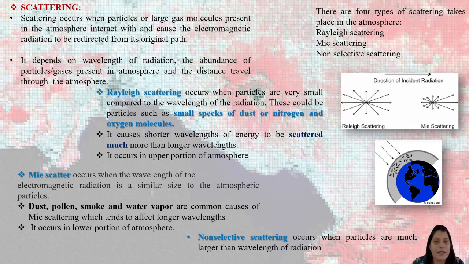If we have dust or pollen, it is called Mie scatter. Rayleigh scatter occurs when the particles are very small compared to the wavelength of radiation. Wavelength and radiation have already been discussed in the electromagnetic spectrum.